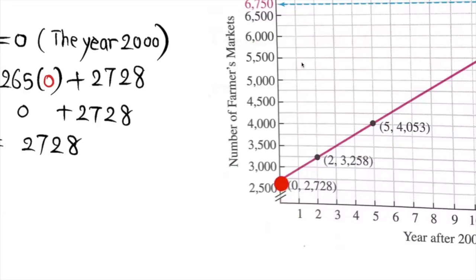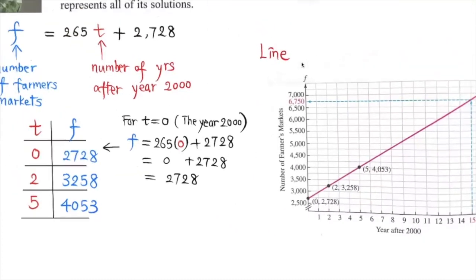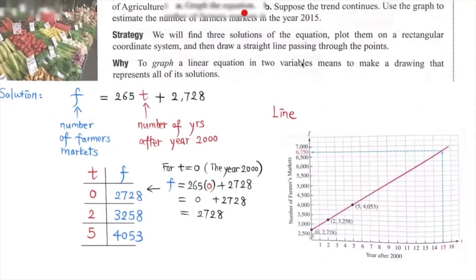Now this is 2,500, this is 3,000, etc. So you plug in those 3 points, and then you graph the line. Okay, so that's the graph of that equation.